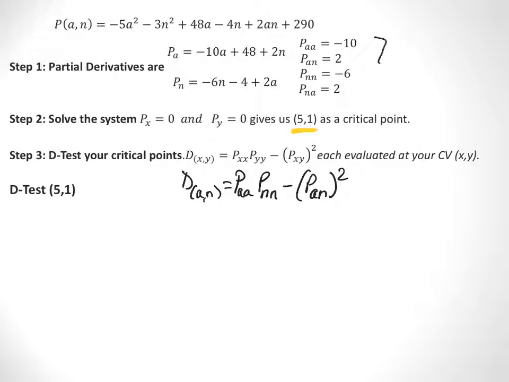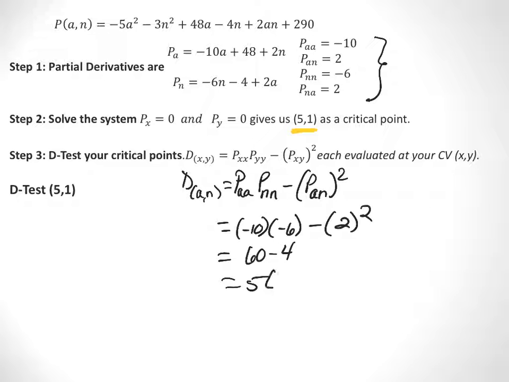Now again, because these guys are all numbers, we can just substitute in. So we get negative 10 times negative 6 minus 2 squared. So 60 minus 4, which is 56. And 56 is greater than 0.